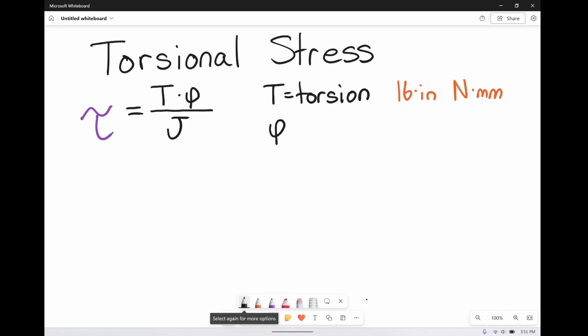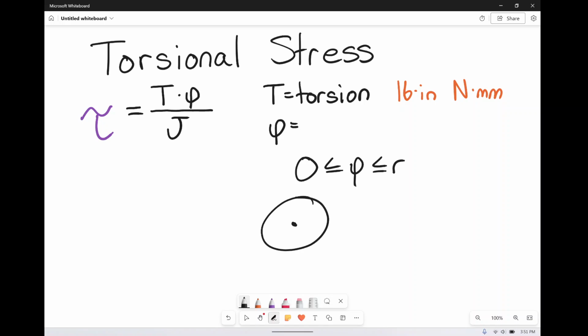Next we have rho, and rho is again the distance to the center of the cross section. Usually it's anywhere from 0 to R. So if you have a circle, we're looking at from the center out to, say, spot A over here on the edge, that's rho, which again is the radius. If for some reason you wanted to find it halfway over, that would also be rho.